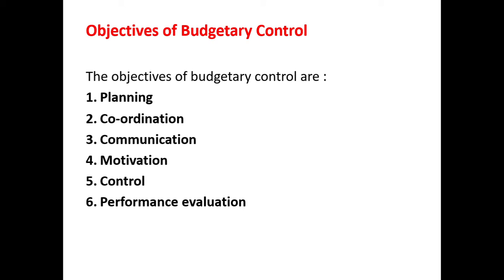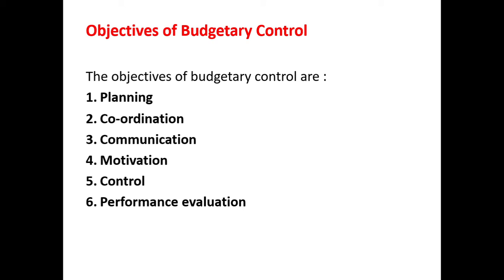The fifth objective of budgetary control is control. Control is necessary to ensure that the plans and objectives as laid down in the budgets are being achieved. Control as applied to budgeting is a systematized effort to keep the management informed of whether planned performance is being achieved or not.